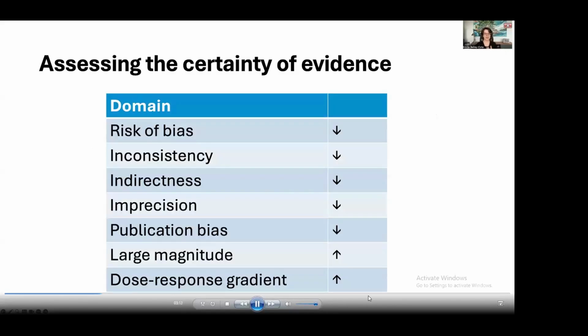So here are the domains that we assess when looking at the certainty of evidence within the GRADE framework. The first 5 domains are domains for which we would downgrade the certainty of evidence.